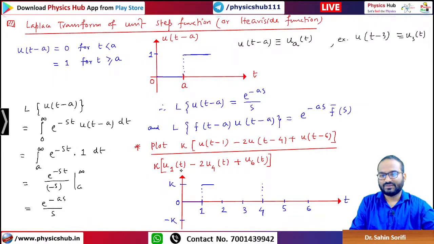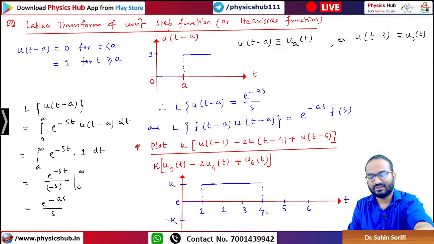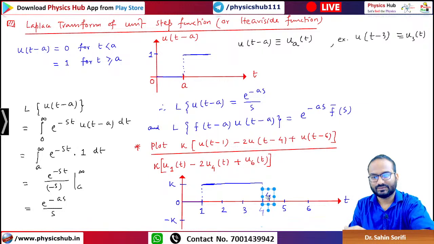So u1(t) will continue its value of 1 because the other two terms are not activated. So it will go up to 4. As soon as it crosses 4, this value will be 1 minus 2, so minus 1, so minus k. So at t equals 4, its value will be minus k.